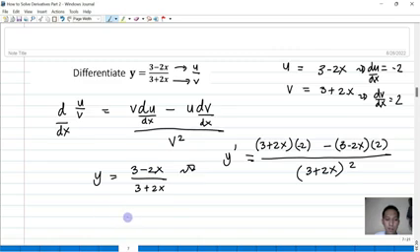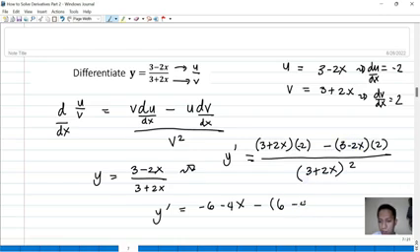Then we just simplify. So we have y prime equals, this becomes negative 2 times 3, negative 6, positive 2x times negative 2, negative 4x, and we have here minus, 3 times 2, that is 6, and 2 times negative 2x, that is negative 4x, all over (3 plus 2x) squared.